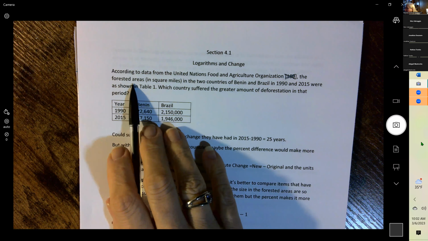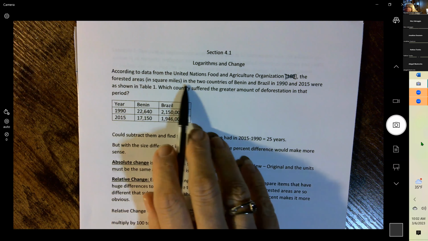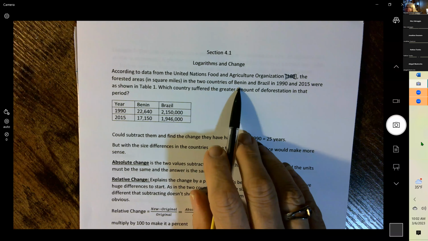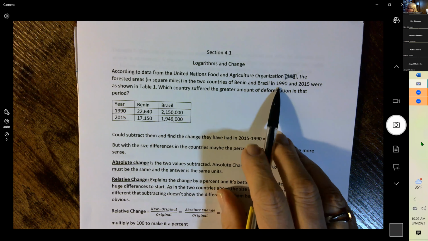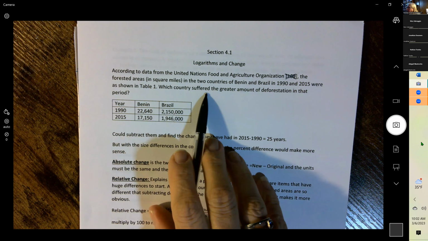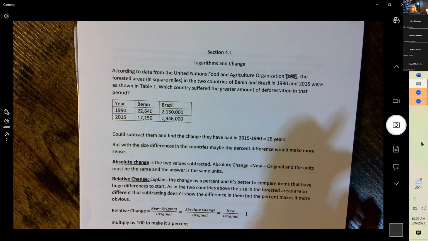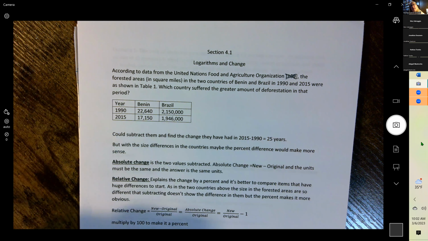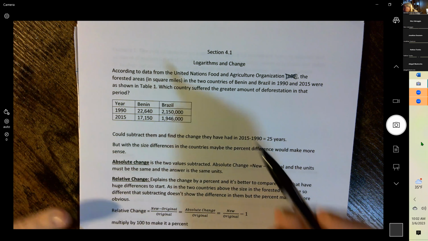The forested areas in square miles in two countries, Benin and Brazil, in 1990 and 2015 are in this table. Which country suffered the greater amount of deforestation in that period?